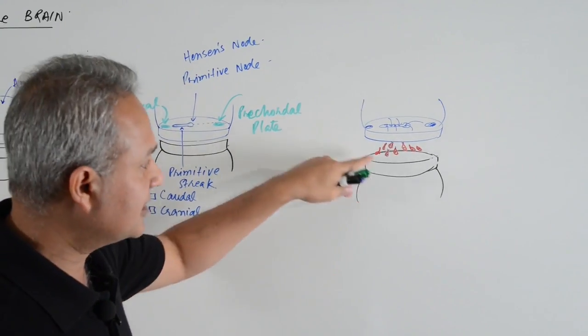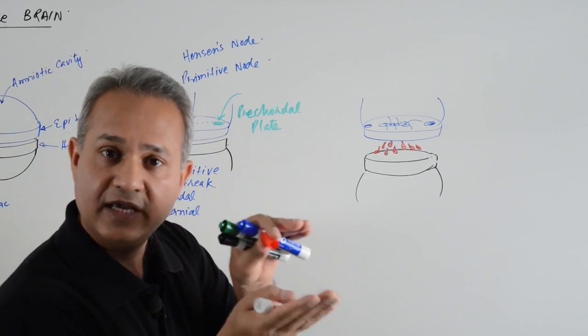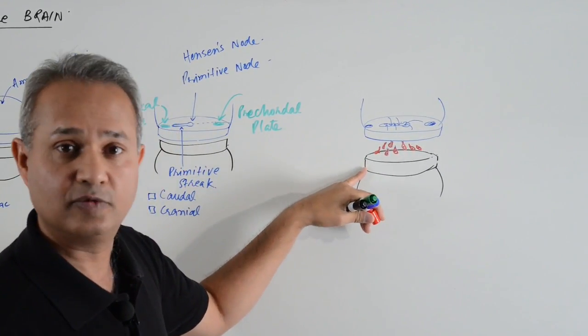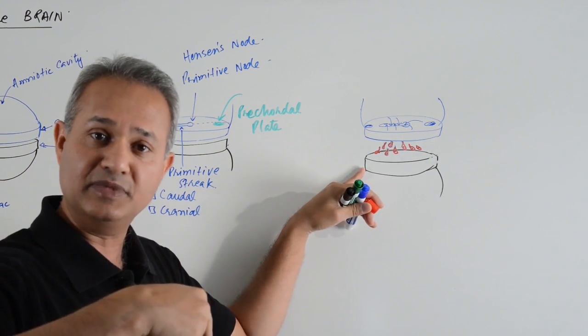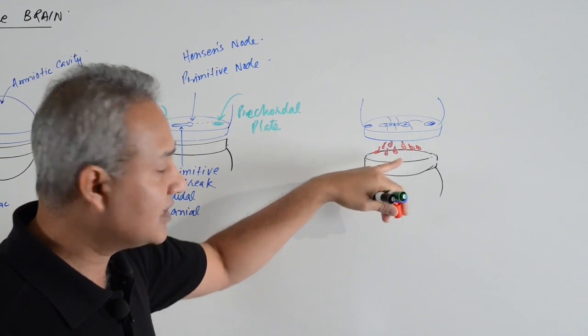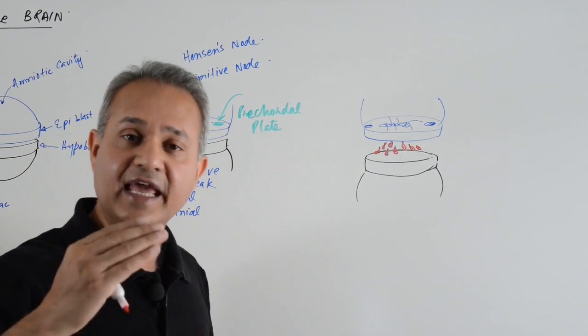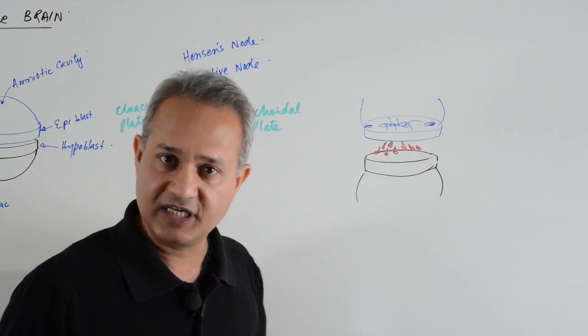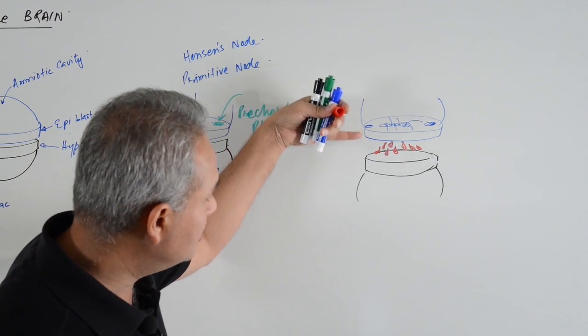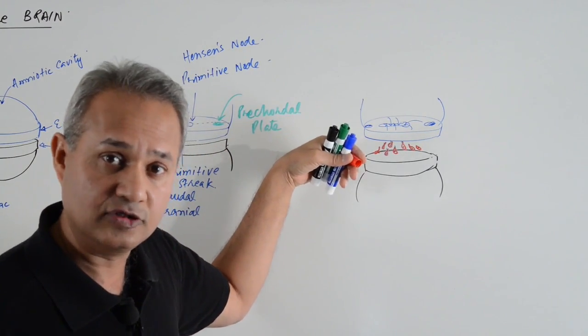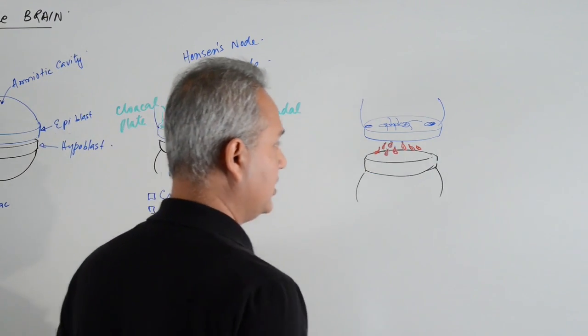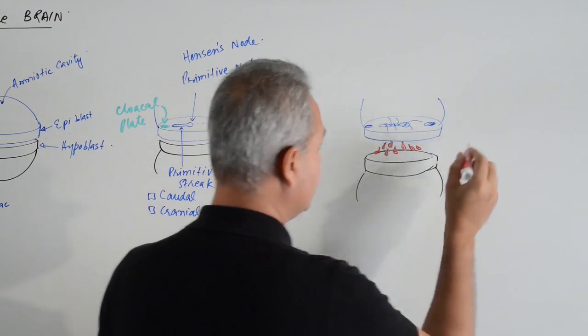So these cells that are coming down are going to lay a new layer between the epiblast and the hypoblast. This will become the mesoderm. As soon as you get the 3rd layer, the names of the layers are now going to be changed. We are going to call them ectoderm, mesoderm, and endoderm. So let me make that over here, the 3 layers.